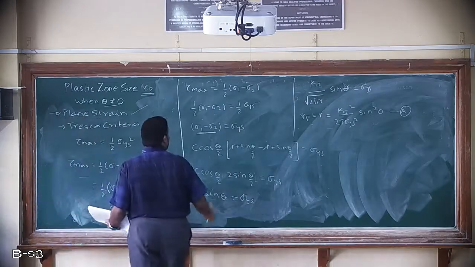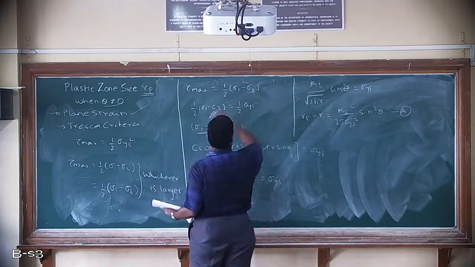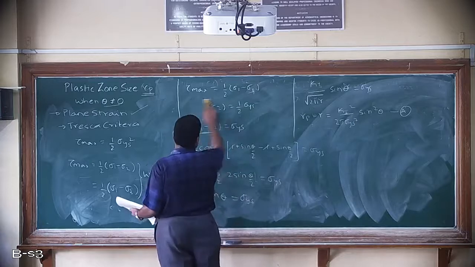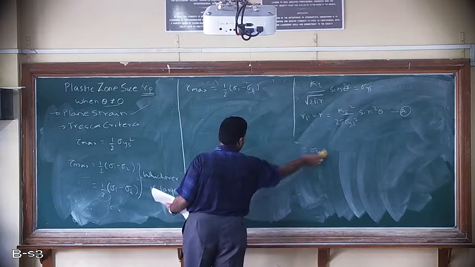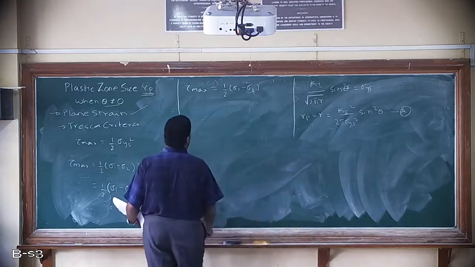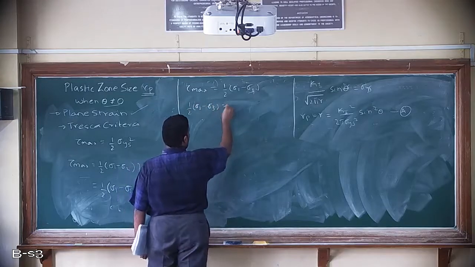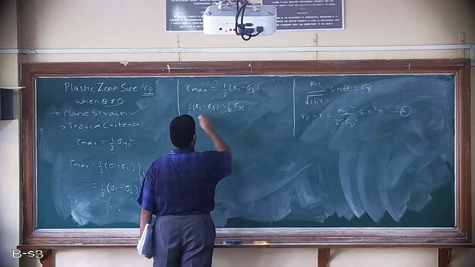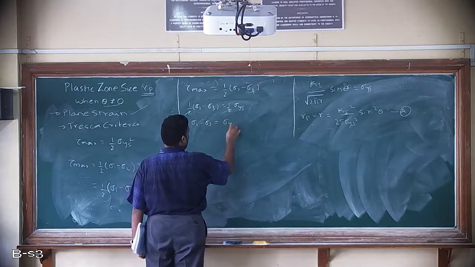Now we shall see the case when tau max is equal to half of sigma 1 minus sigma 3. So again we will have the same case, that is half of sigma 1 minus sigma 3 will be equal to half of sigma ys. So half gets cancelled here. So sigma 1 minus sigma 3 will be equal to sigma ys.